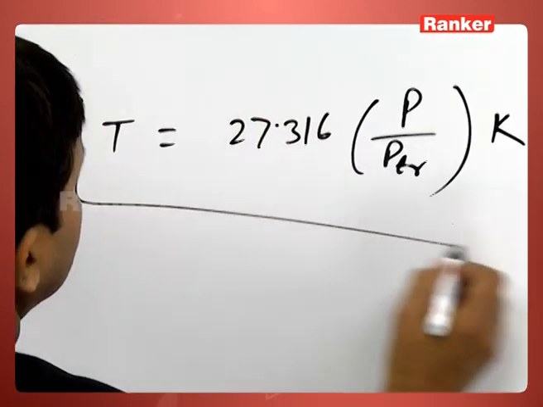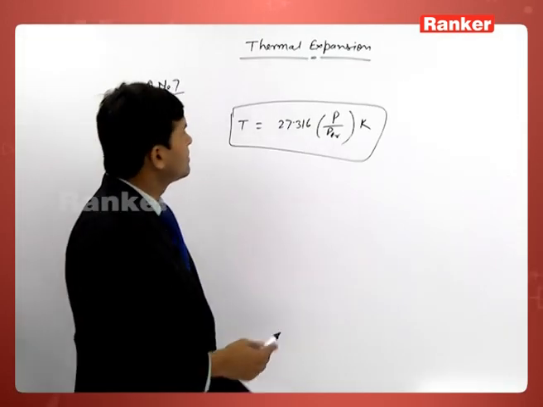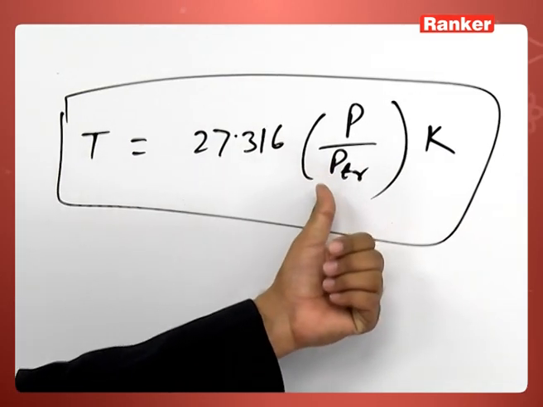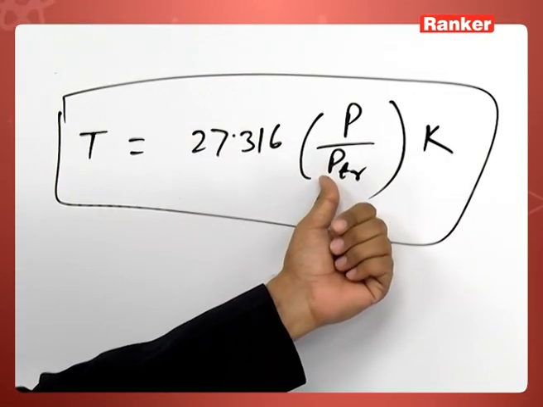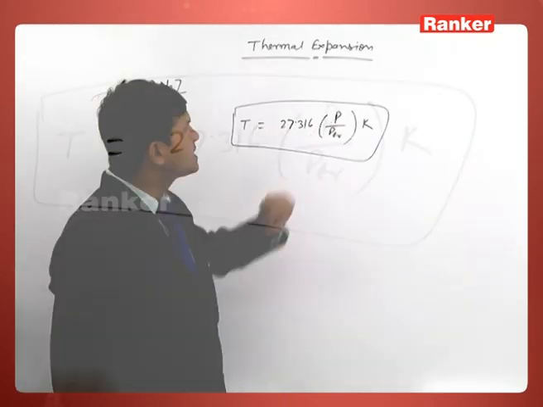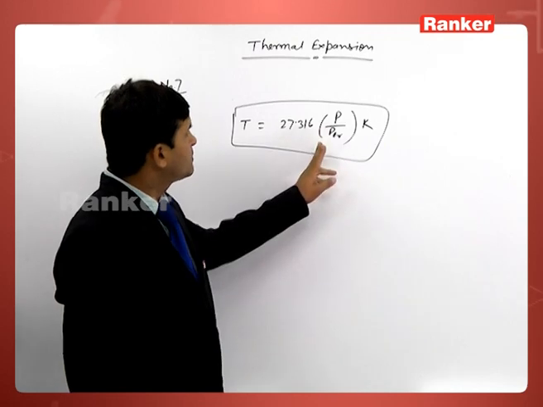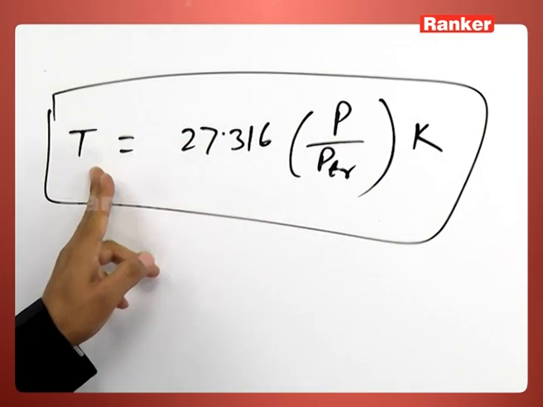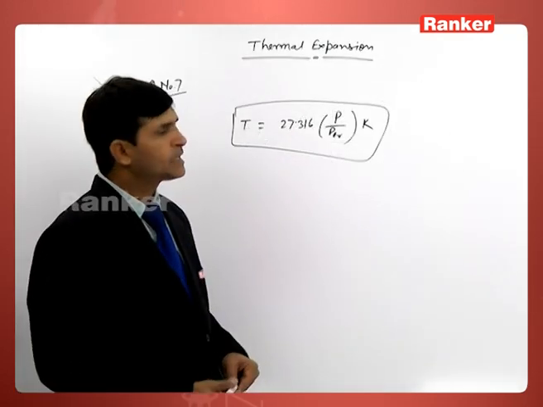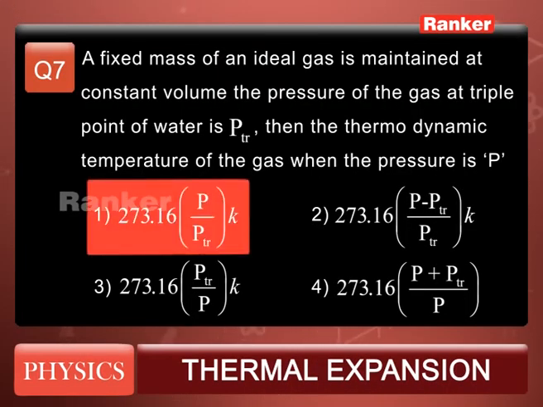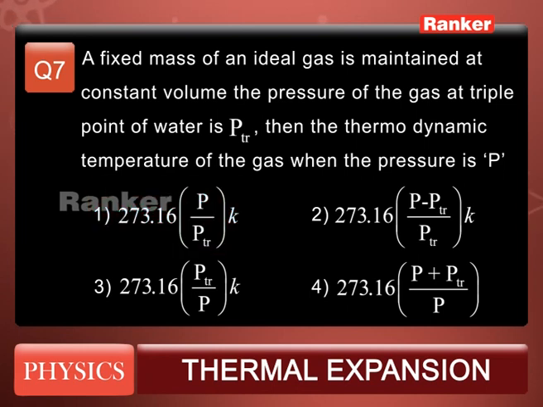This is the formula by which we determine it. Just substitute the value of the pressure at the triple point of water, and P is the pressure at the temperature we have to determine. Putting the values in, we get the answer. So option number 1 is the correct option.